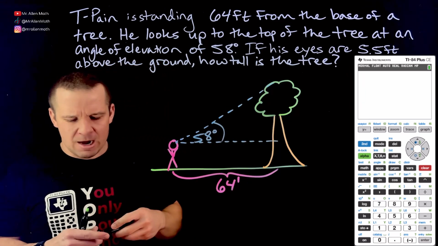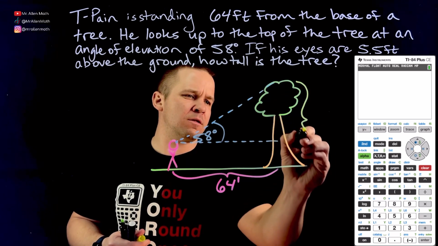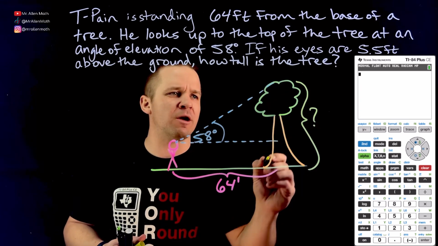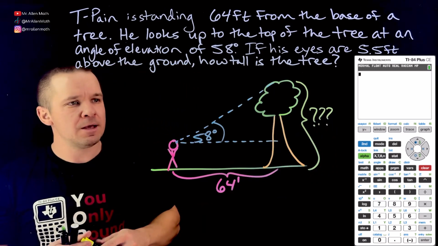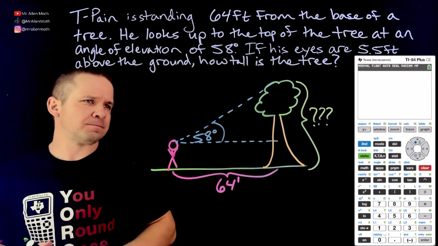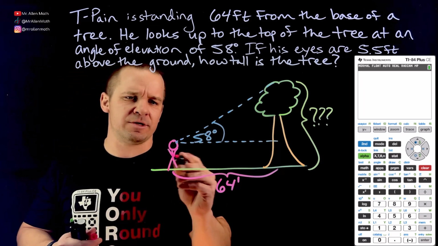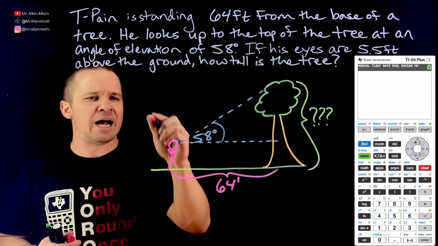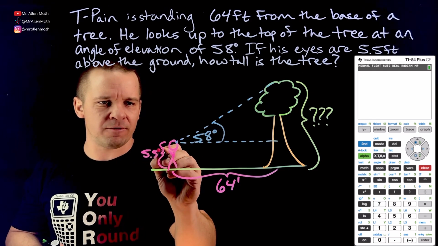Now our goal is to figure out the total height of this tree. That's what we want to find out, right? I'm going to throw 3 question marks. So that's my overall goal. Now, how could we get there? Well, T-Pain's height, we said, was 5.5. Well, not his height, but to eye level was 5.5 feet. So let's jot that down. 5.5 feet.